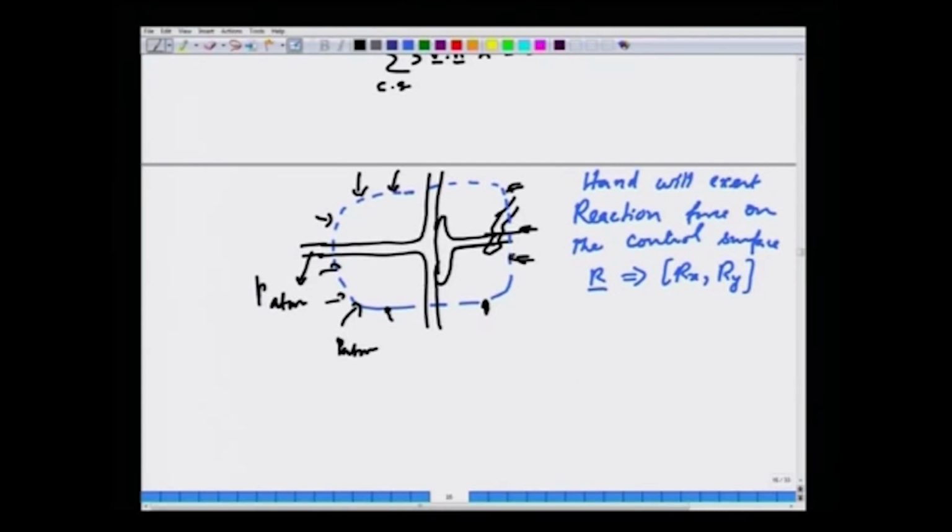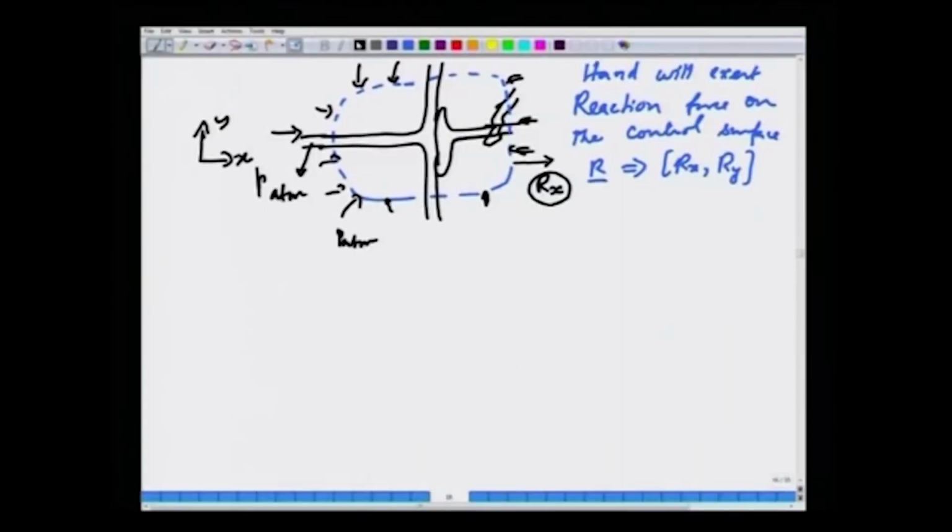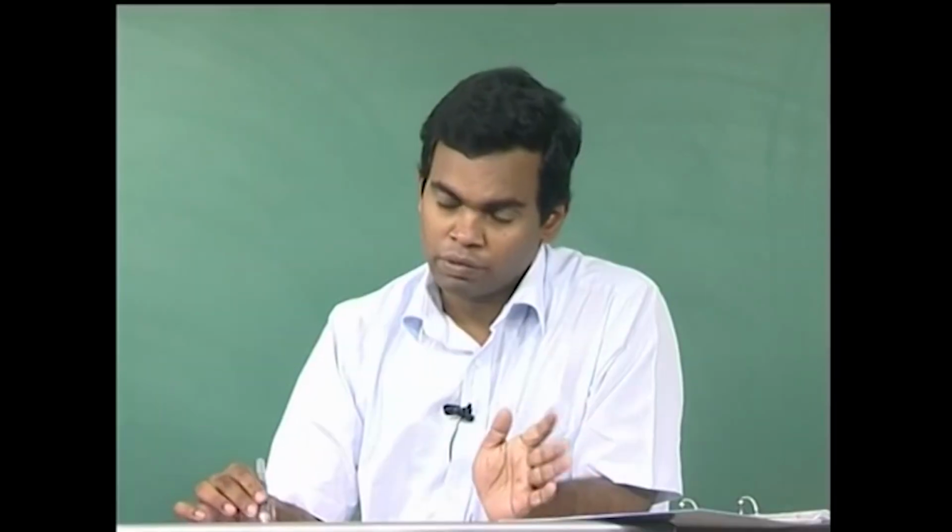Now, let us call the x component of the force exerted by the hand on the CV as R x. Let us put a coordinate system x and y like this, and the flow is in the plus x direction. Whether R x is positive or negative will come out of the answer. The reaction force exerted by the hand on the surface is R x, and the negative of that is the force exerted by the CV on the hand.